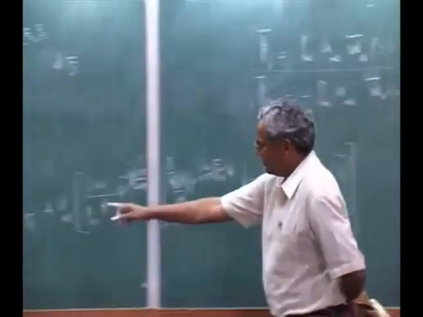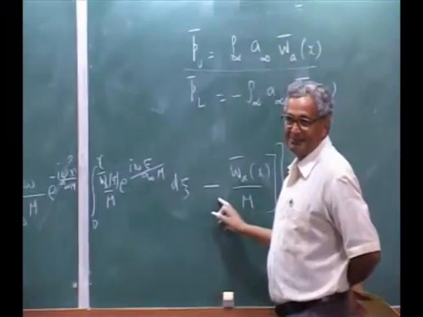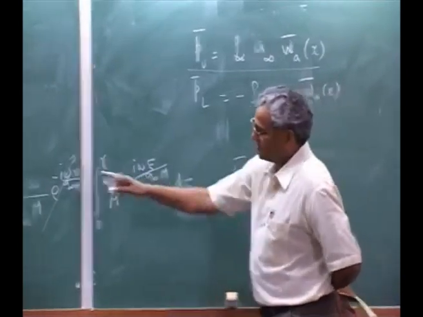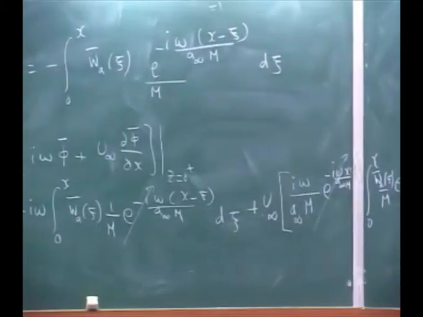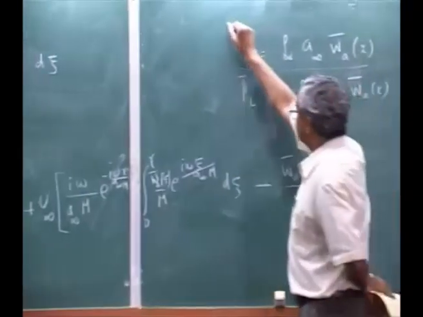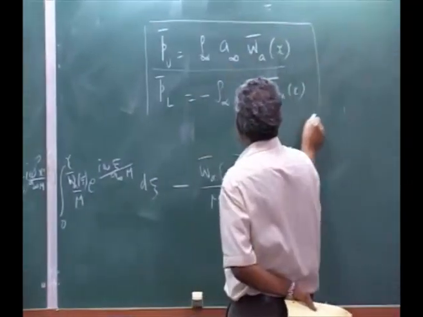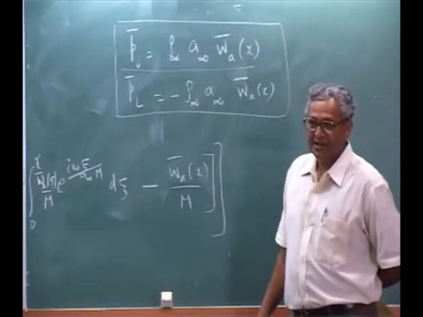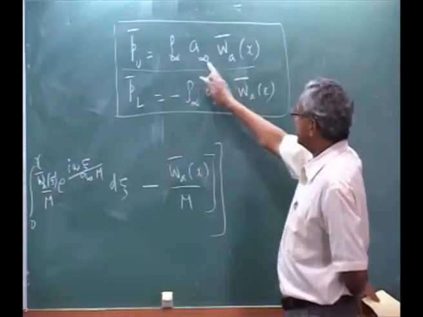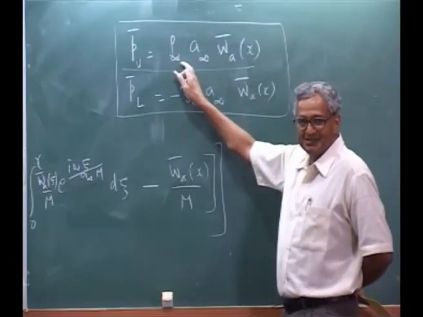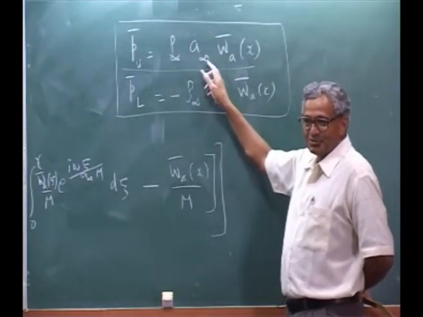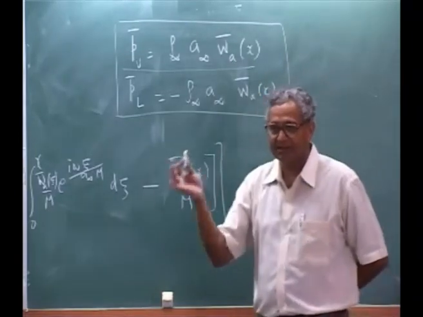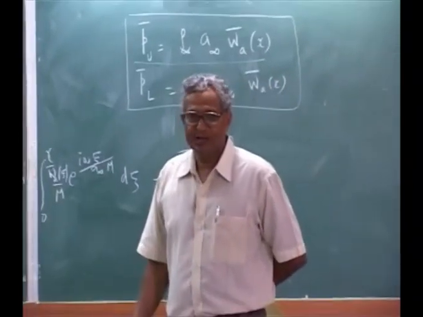And this will have u infinity over M with a minus sign, which is basically a infinity, and minus and minus with the rho will become plus. So this becomes just a high frequency approximation. This is nothing but density at infinity, speed of sound at infinity, and this is the velocity at the point where you have W_A.